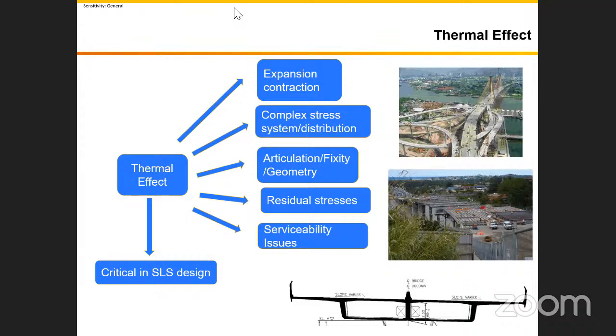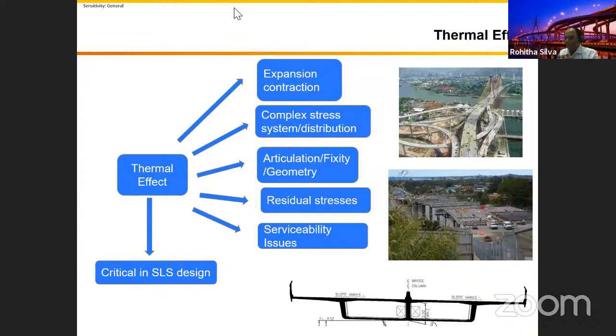Okay, thank you. So, the thermal effect on the bridge: day and night, all the time. In Sri Lanka we don't get that much seasonal change, but if you go to the up country area, you will feel cold weather and hot weather. But these standards, especially the Euro standard, and in Australia, we have seasonal changes.